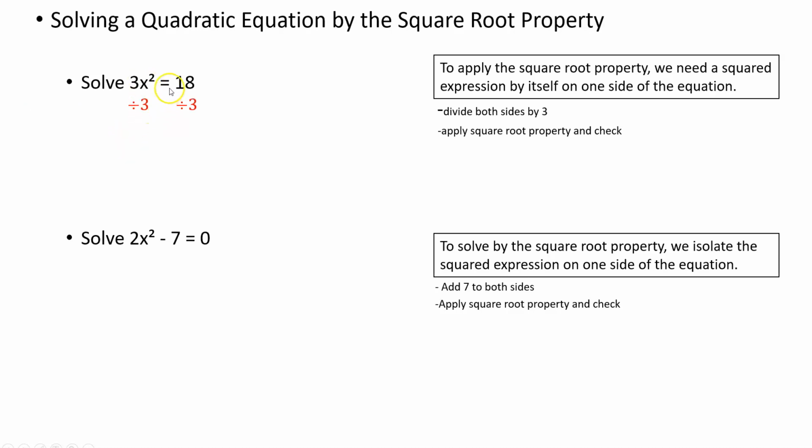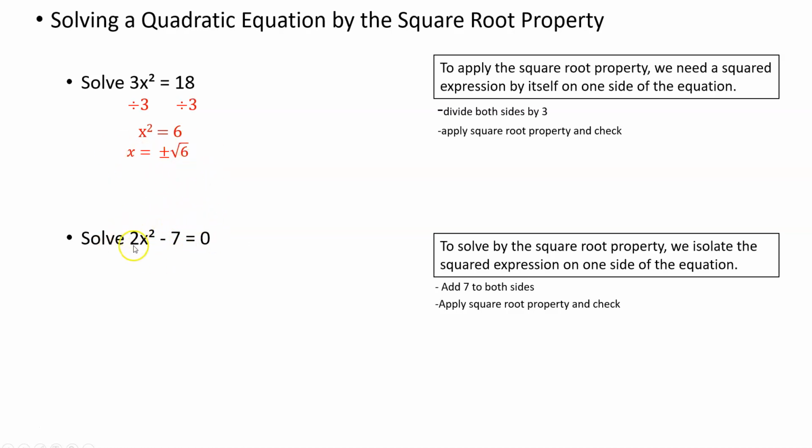Then, once we do that, this 3 will go away, and 18 divided by 3 is 6. Now that we have x squared isolated on one side, we take the square root of x squared and the square root of 6, and we get x equals the positive or negative square root of 6.